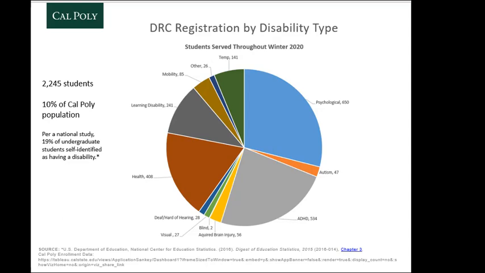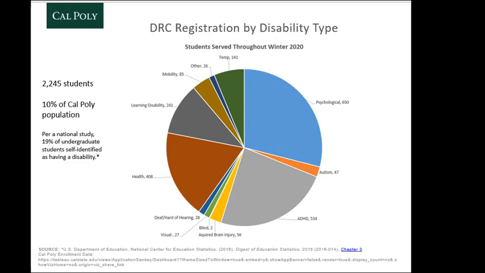Often we're asked how that compares nationally. So there was a national study done with a site at the bottom of this slide, and they found that 19% of undergraduate students did self-identify as having a disability, but that doesn't mean that they registered for DRC services. Many students find compensation strategies that work for them, and so they push on through.